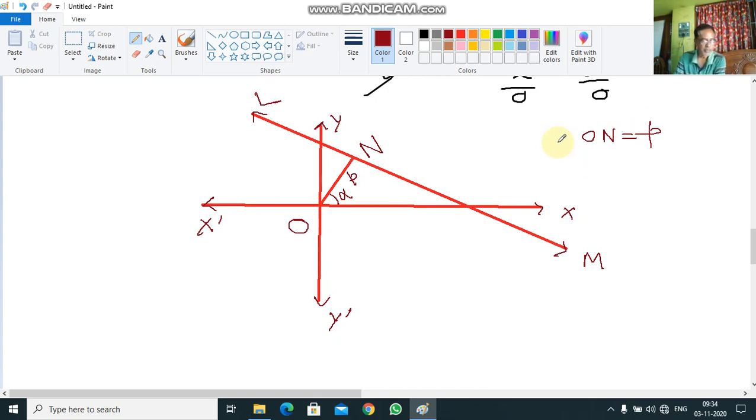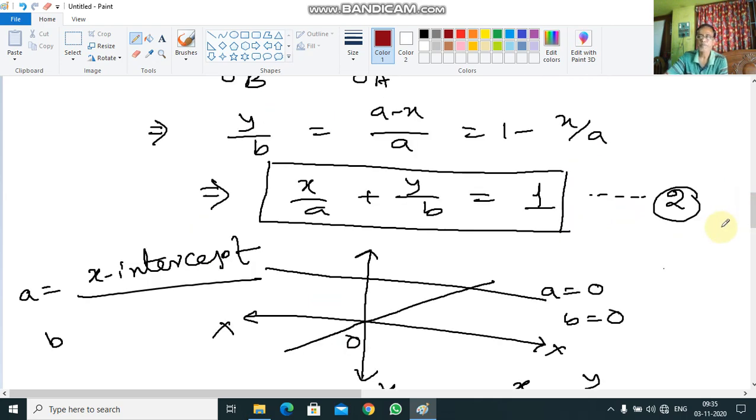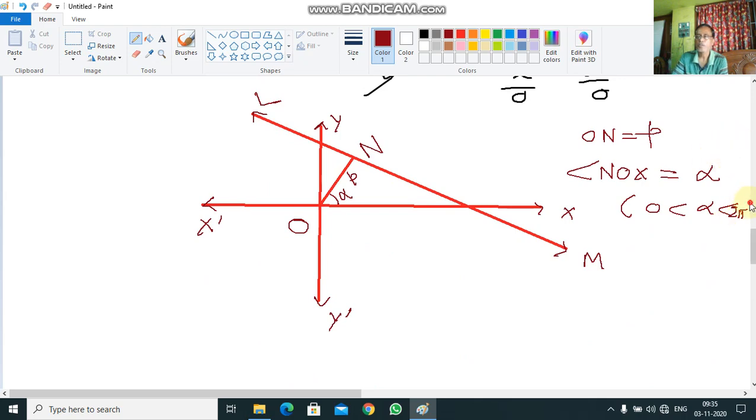If ON is equal to small p and angle NOX is equal to alpha, 0 less than alpha less than 2 pi, then we are to find the equation of the straight line LM.